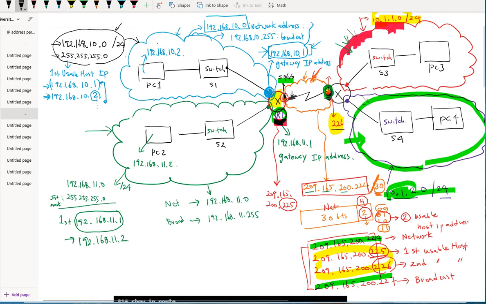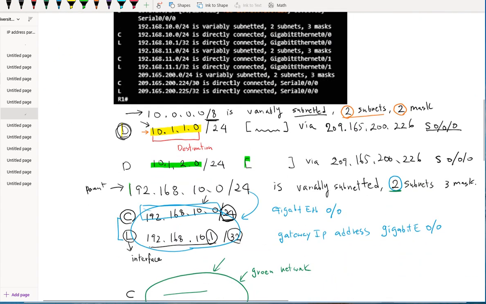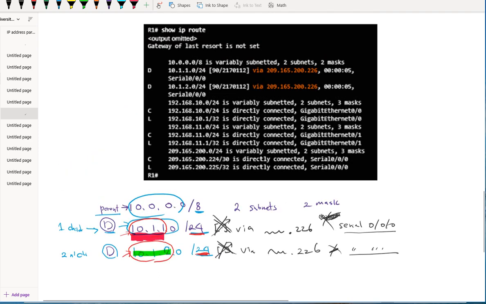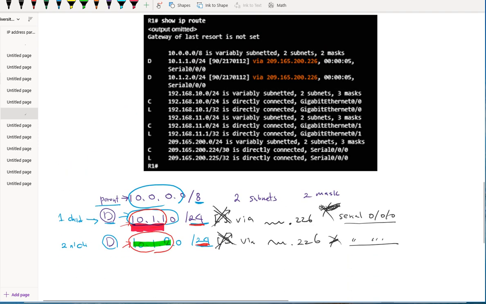Your next hop is 226. By the way, the IP address for this side is 225, but this is 226. So R1 basically says to get to this red network, you have to go through this next hop IP address and through this serial port. Any questions up to this point?